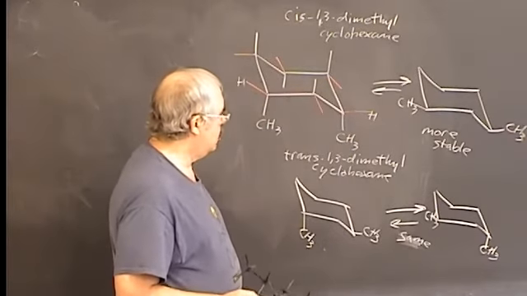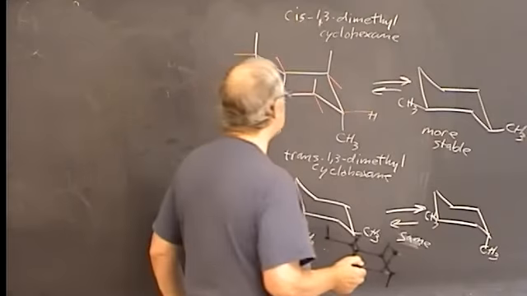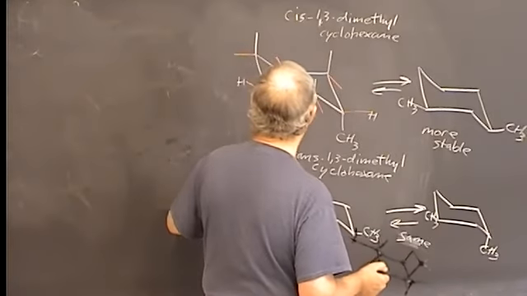Right, the other two that we're going to look at are the cis and trans 1,4-dimethyl.